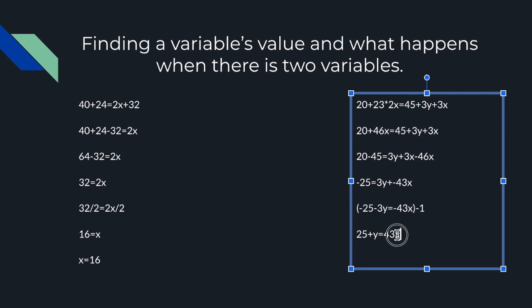So now we can just put 25 on the other side, and we find y equals 43x minus 25. So see, you can't get a clear answer in most situations.